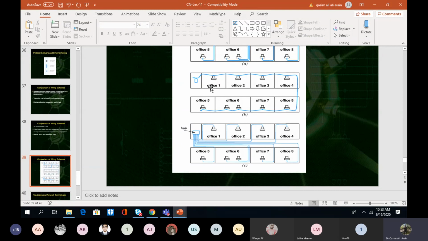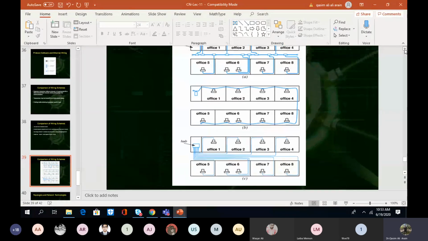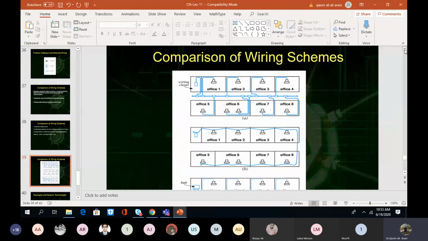Here we have the BNC connectors which are connected with each and every computer. And if you look at the first diagram A, you might have this connector, and you see these are the transceivers.